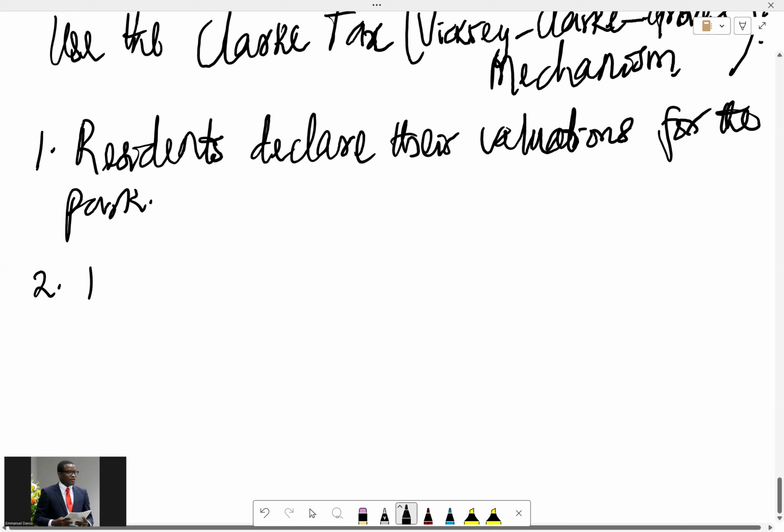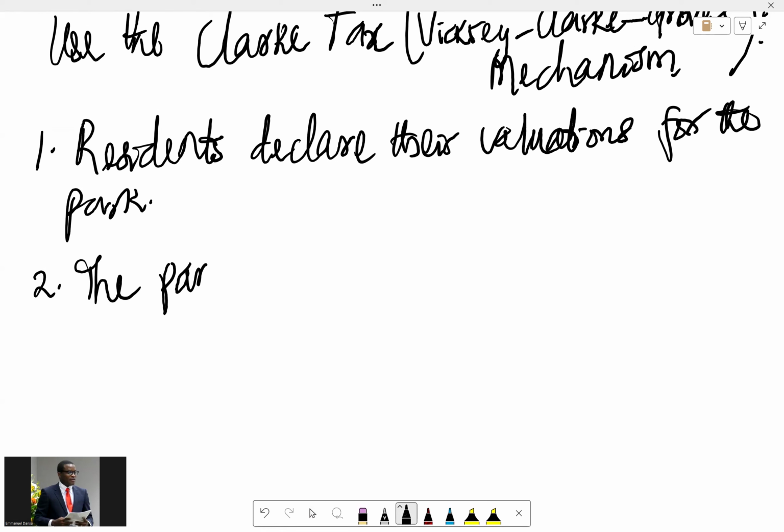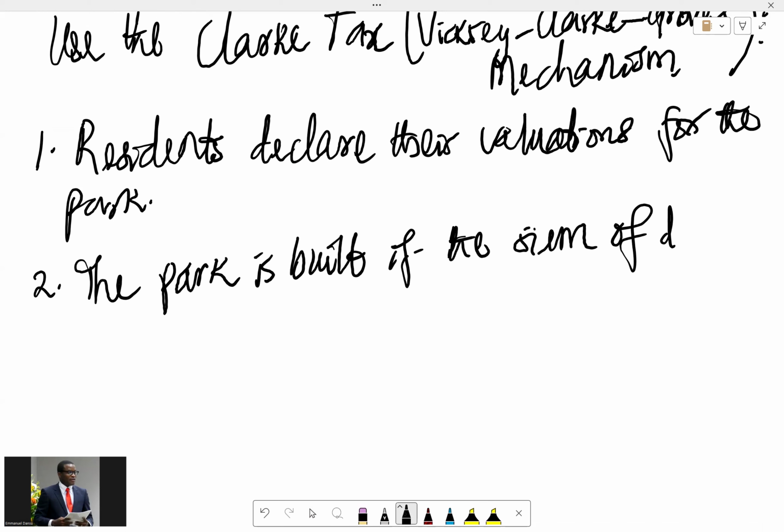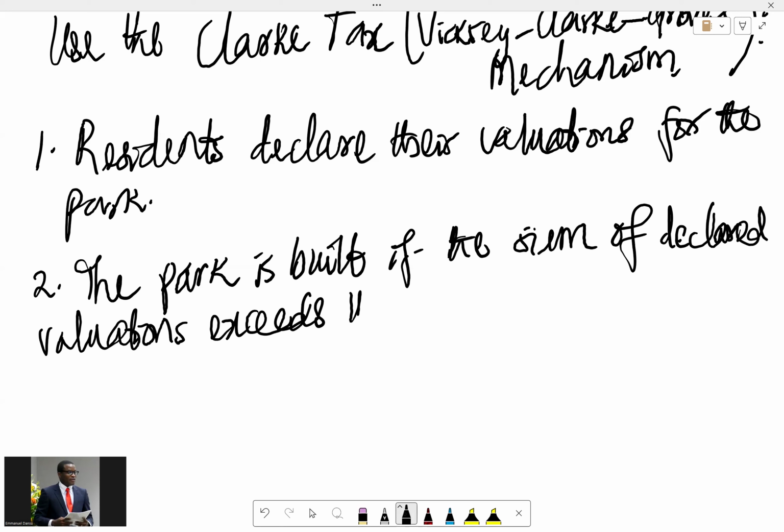Then number two, the park is built if the sum of declared valuations exceeds the cost. Okay.